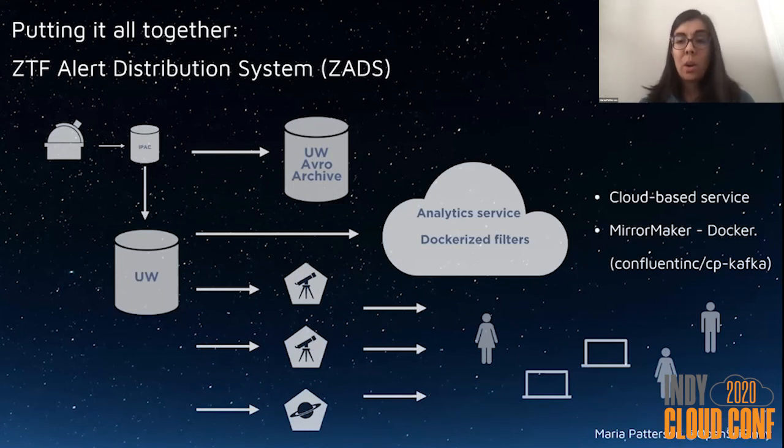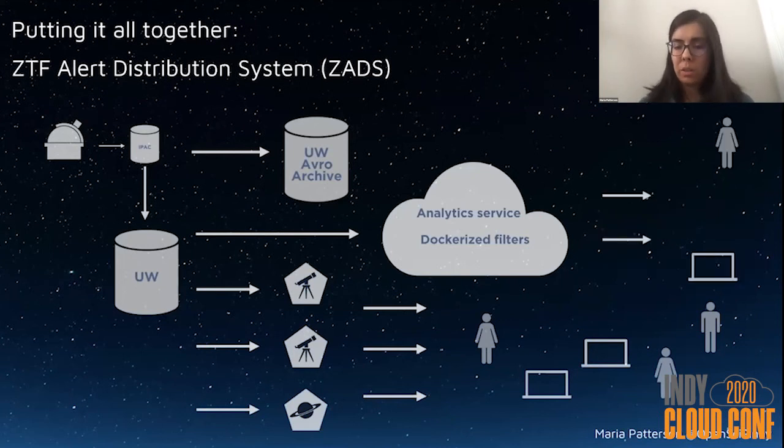We also run our own analytics service that basically allows folks to upload their own Dockerized filters and use that kind of like a personal sandbox where you can run your own algorithms and you can run your own analytics there. And that's, again, kind of its own cloud with its own mirror maker using Docker as well.